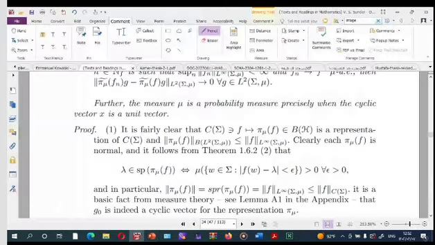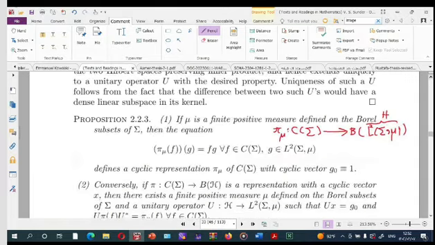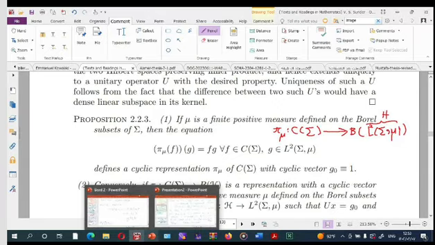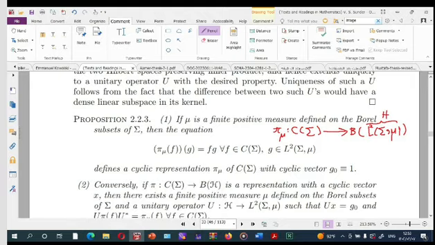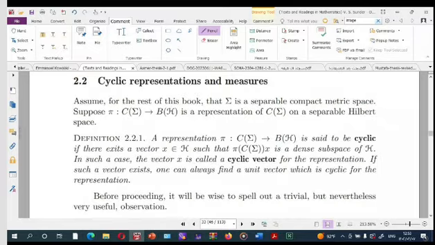What is f? Please you see this. Okay, P mu of f equals this.